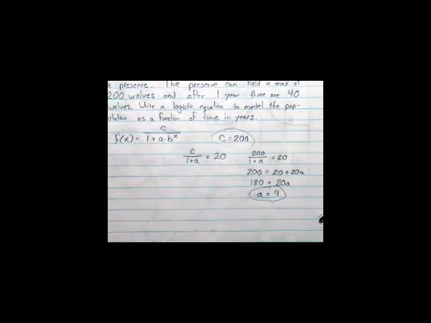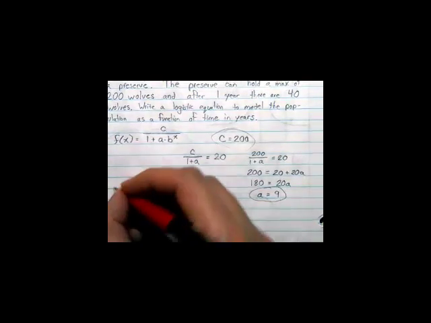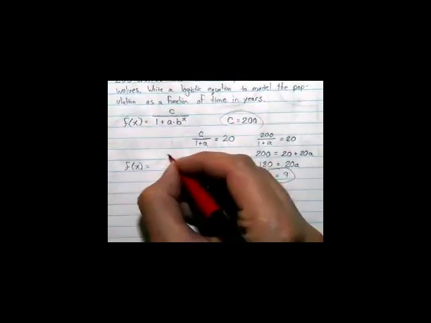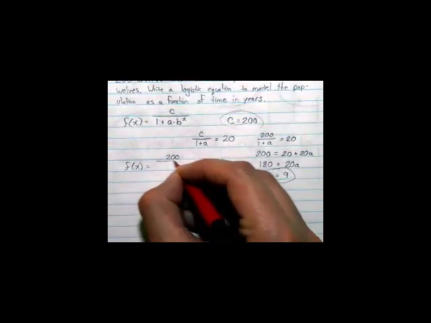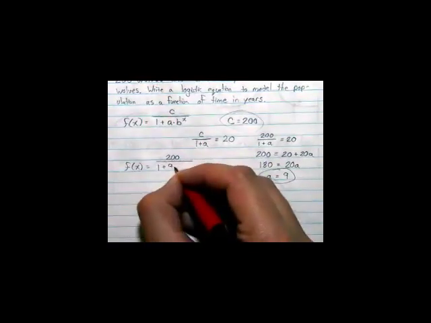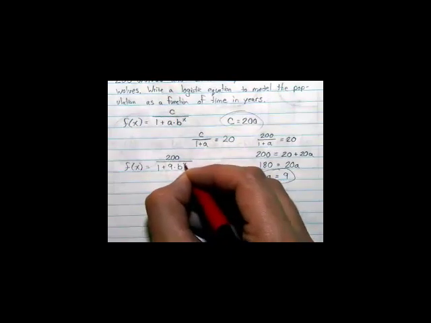Okay, so I got C. Just got to find B now, right? So let's write down what we've got so far into our equation here. So f of x equals 200 divided by 1 plus 9 times b to the x. How am I going to find b?